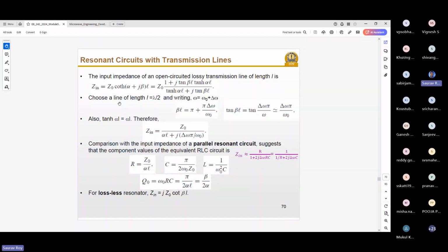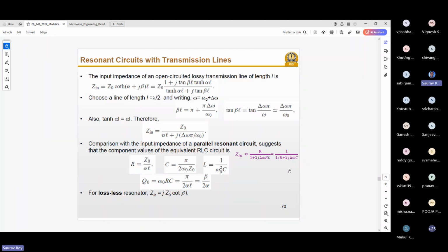If you take a length of L equals lambda by 2 and put all these things in, it simplifies down to Zin equals Z0 by this function, which is equivalent to a parallel resonant circuit.